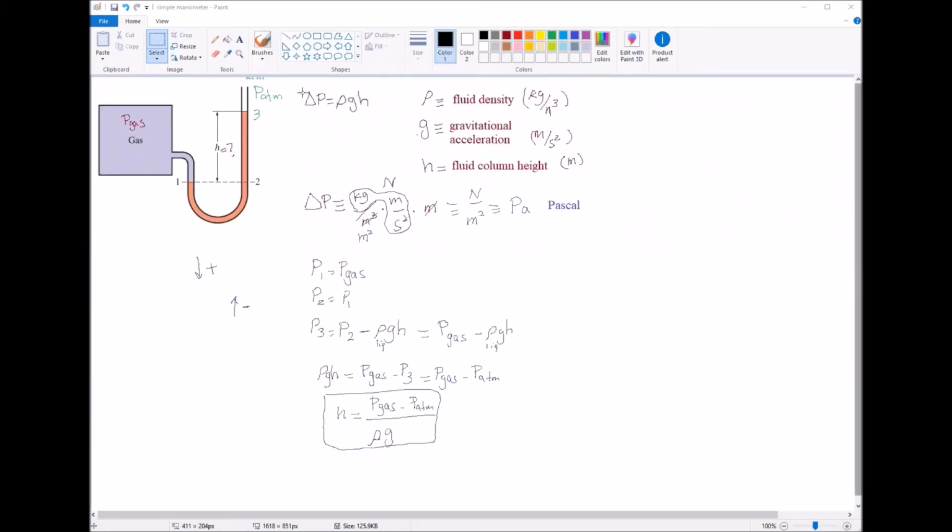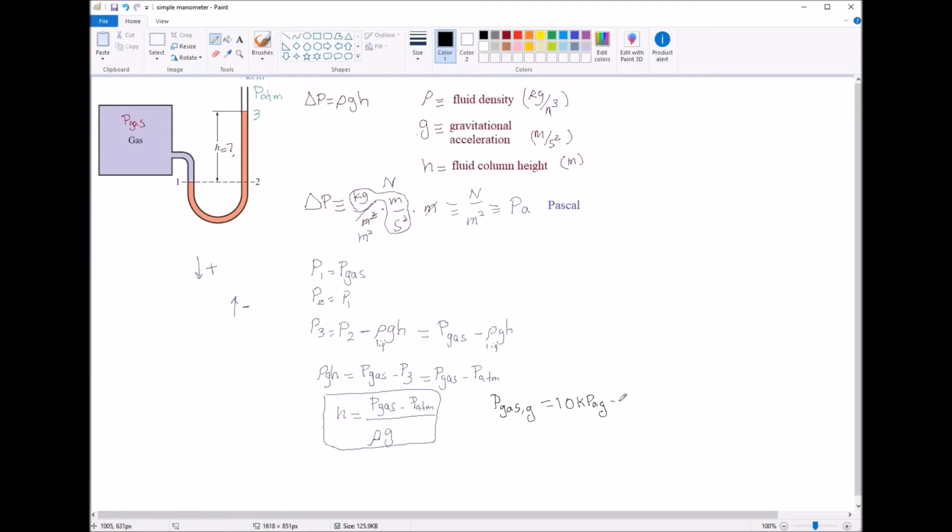There are two possibilities when you want to plug in numbers to determine H. Possibility number one is that gas pressure is given as a gauge value, let's say 10 kilopascals gauge.